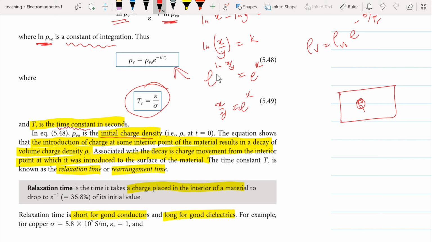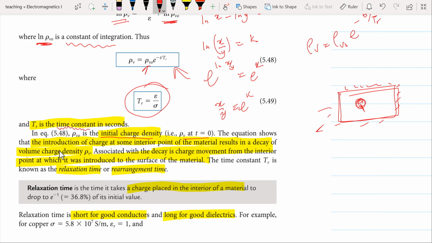This equation tells us that this charge will attempt to leave the volume and come to the surface, such that there will be no accumulation of charge inside the volume. That being said, rho v naught is the initial charge density at time t equal to 0.